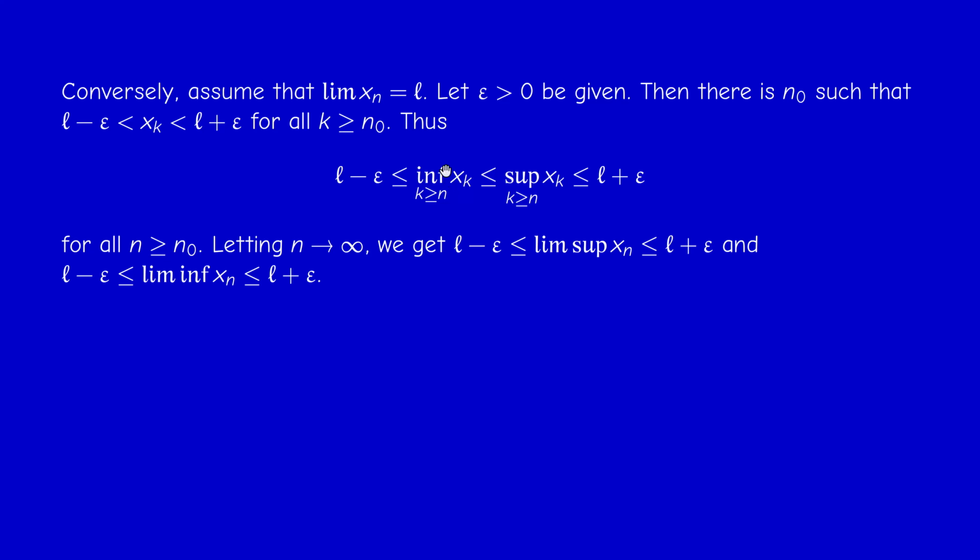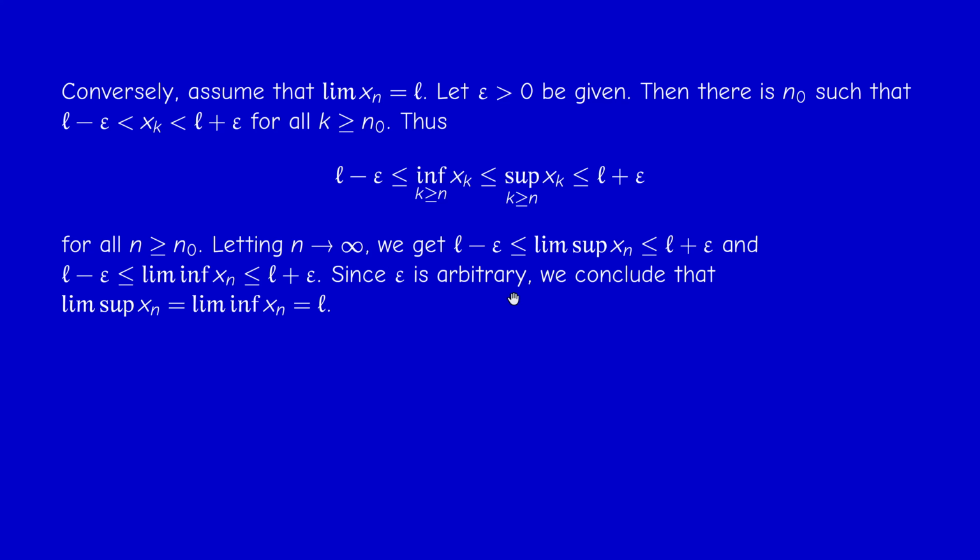And if you consider this inequality for Zn between L minus epsilon and L plus epsilon, and you let n tend to infinity, you get liminf of xn is between L minus epsilon and L plus epsilon. So this means that since epsilon was arbitrary, the limsup is small l and the liminf is small l.